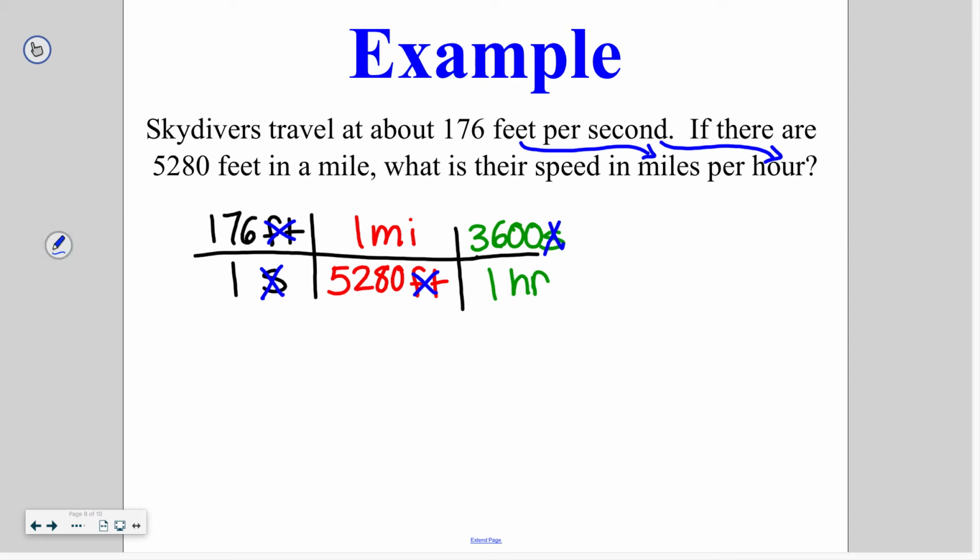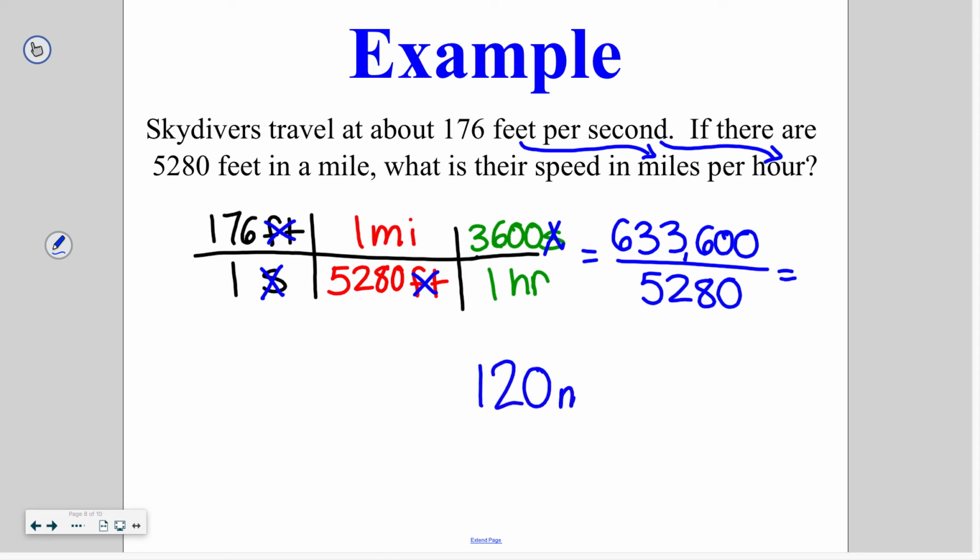So now I'm going to go ahead and multiply my values up top. 176 times 1 times 3,600, which is going to give me 633,600. And on the bottom, when I multiply 1 times 5,280 times 1, I get 5,280. I'm going to go ahead and divide those values, and I end up with a final answer of 120 miles per hour. Again, we have that miles unit and the hour unit as part of our answer.